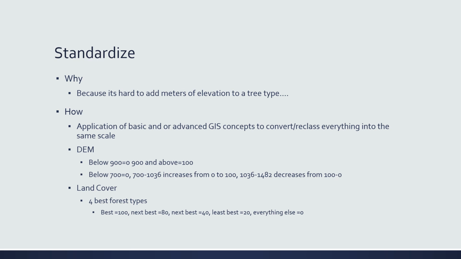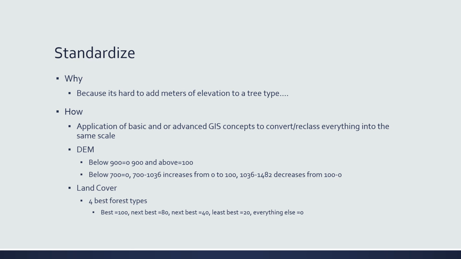So what I decided to do was to create a fuzzy membership function, where my relative value is 0 from 0 up to 700 meters. And then as we go from 700 meters to 1,036 meters, that will gradually increase from a score of 0 to a maximum value of 100.